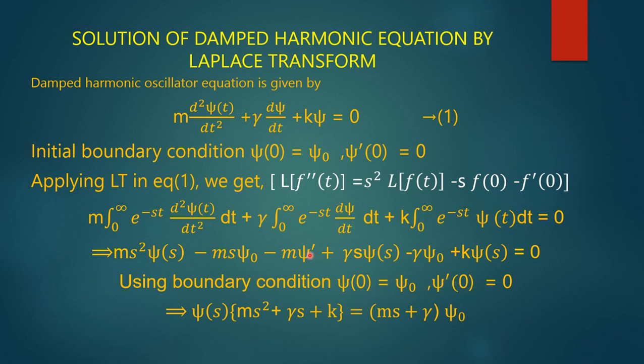Now using the boundary conditions, ψ(0) = ψ₀ and ψ'(0) = 0, that term is equal to 0, and this expression can be written by taking Ψ(s) common: Ψ(s)(m s² + γ s + k) = (m s + γ) ψ₀.